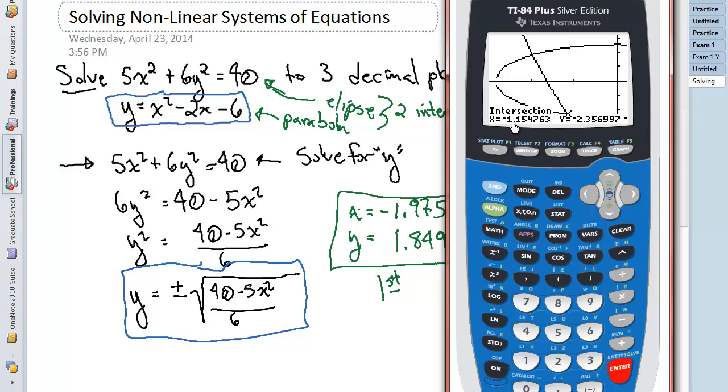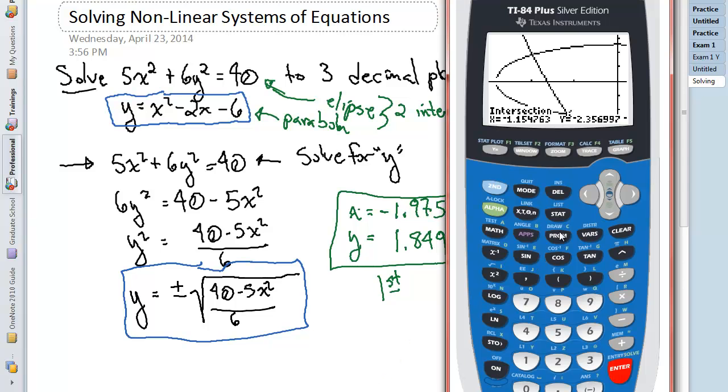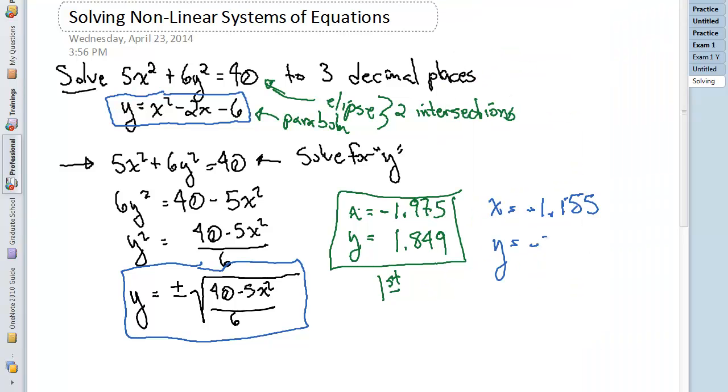And so now you've got negative 1.155. Over here we have x is equal to negative 1.155 and y equal to negative 2.357. Those are the two points of intersection, to 3 decimal places.